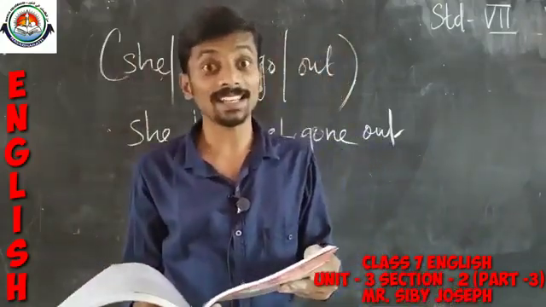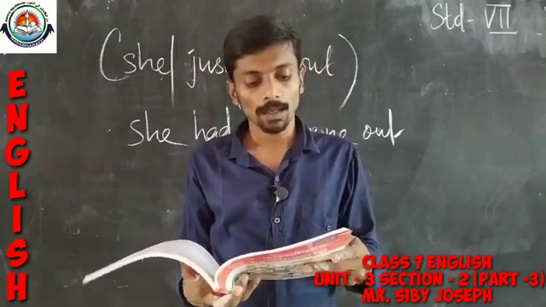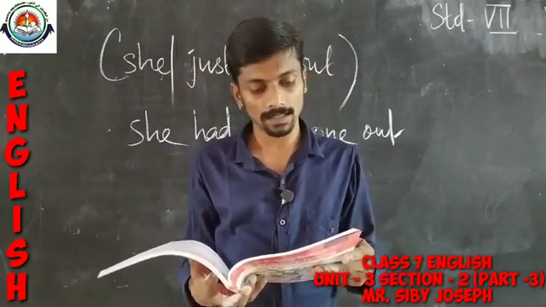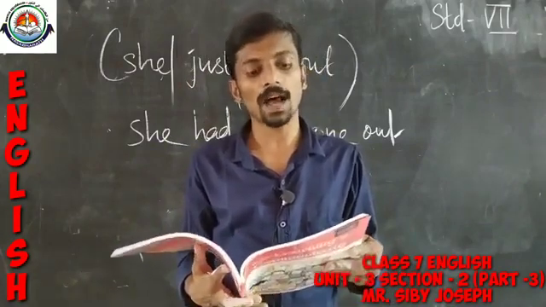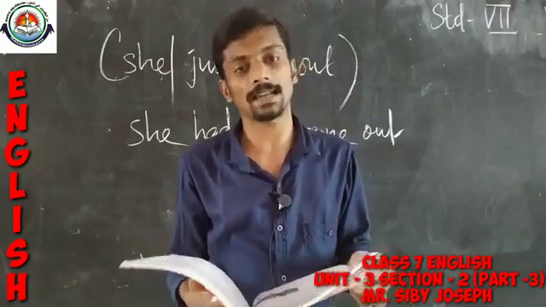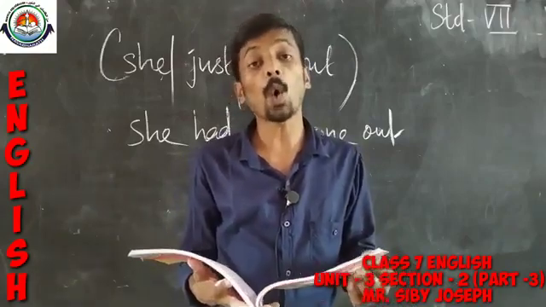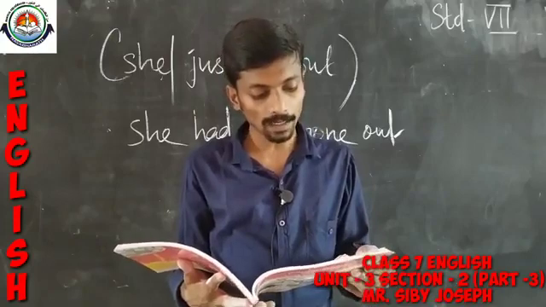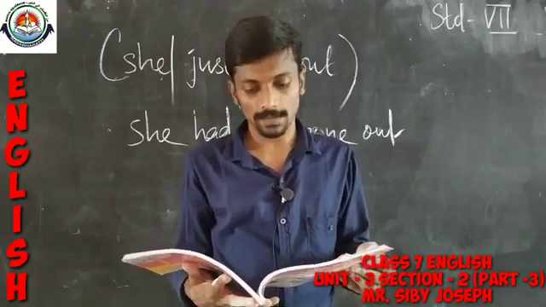So, set C has a couple of examples regarding the use of past and past perfect in a single sentence. You have to go through all those sentences and find out the answers.